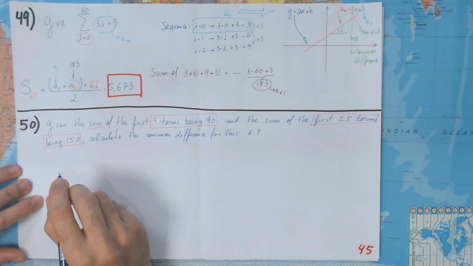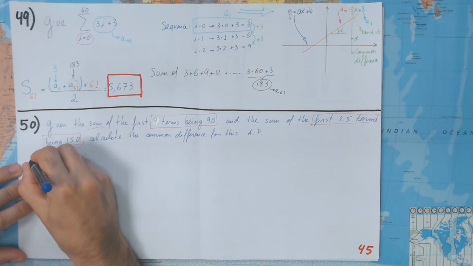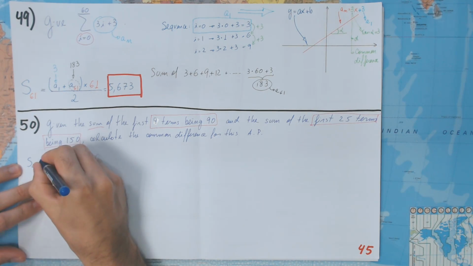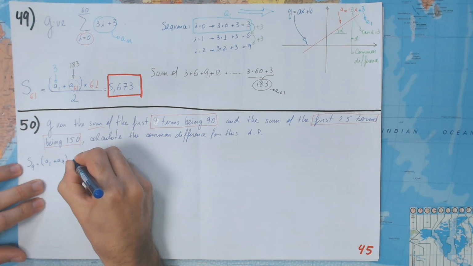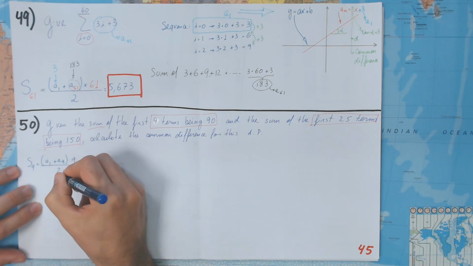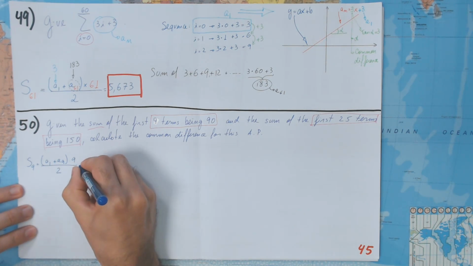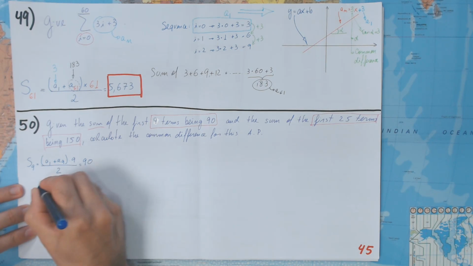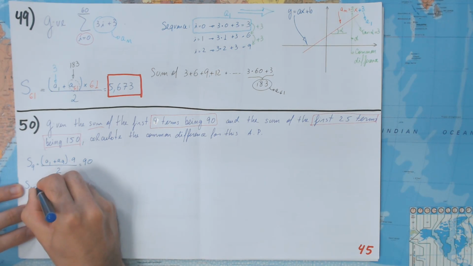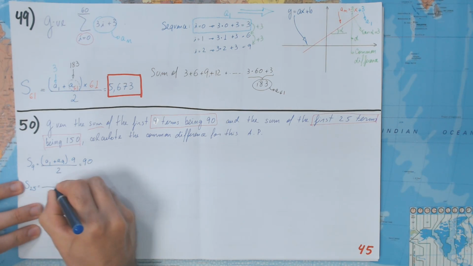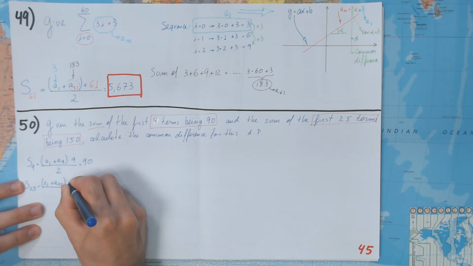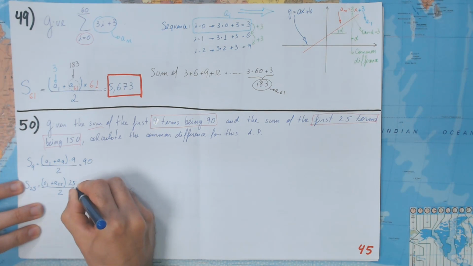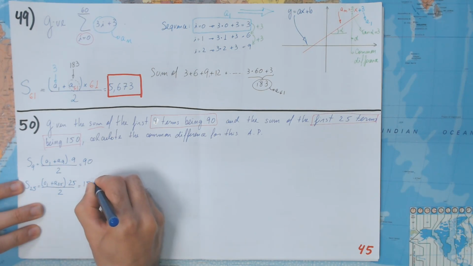We can write the summation of the first 9 as (A1 plus A9) times 9 divided by 2, and this summation is 90. The summation of the first 25 terms is (A1 plus A25) times 25 divided by 2, and this equals 150.